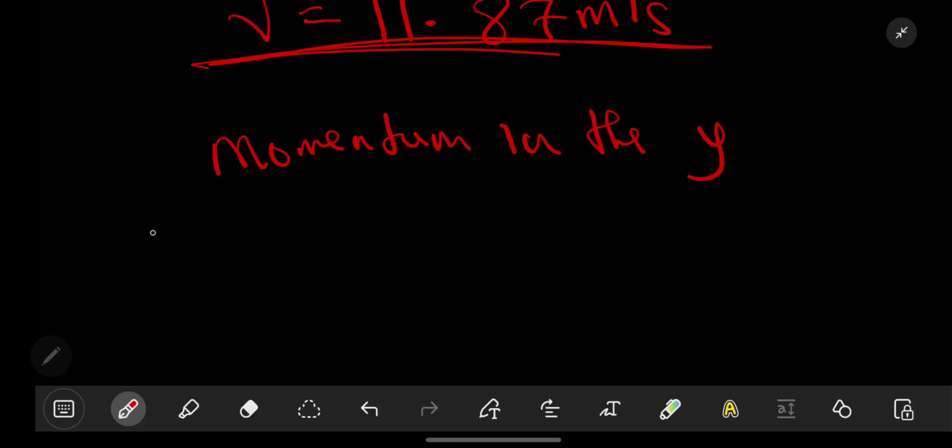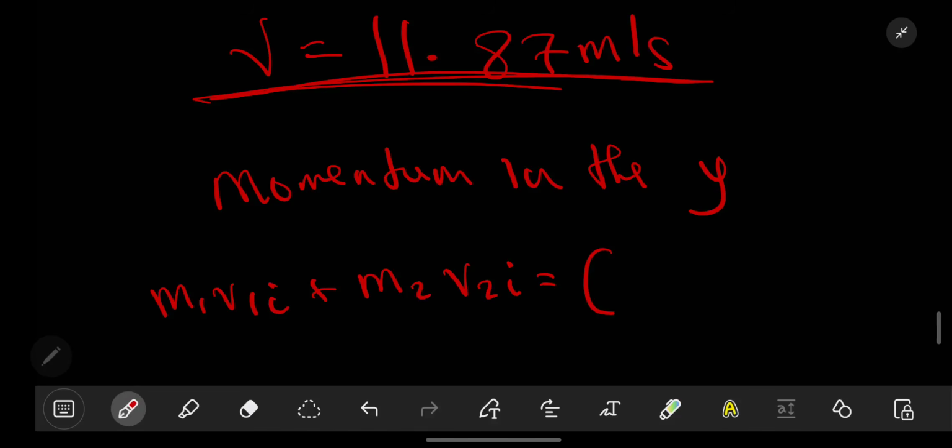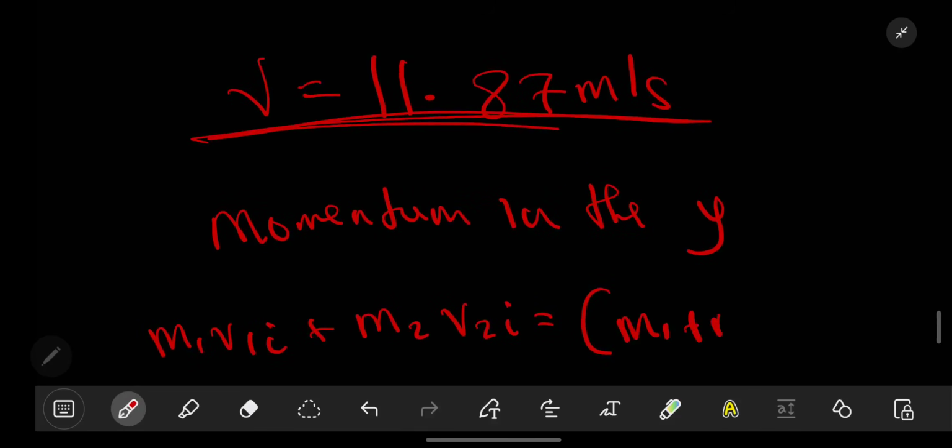Momentum in the y will be equal to, same approach, m1 v1 initial plus m2 v2 initial should be equal to m1 plus m2 times the velocity in the y, like that.